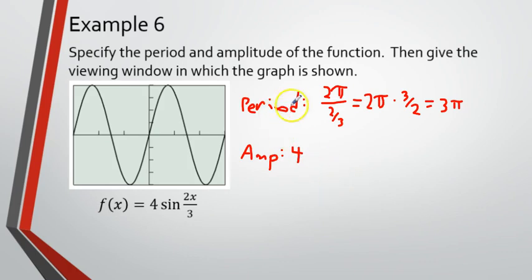Now, what these two numbers mean for us graphically, the period is telling us how long of a distance it takes horizontally for the graph to go through one complete cycle. And I can see one complete cycle starting from here at the origin, going all the way to the top, all the way down to the bottom, and then back to this point at the line y equals 0. So right here, it's hitting y equals 0, going from the negative side to the positive side. And that's the same place we were at when we started.